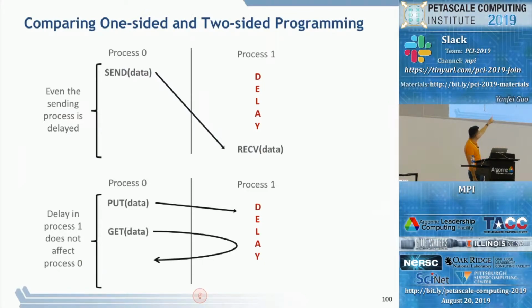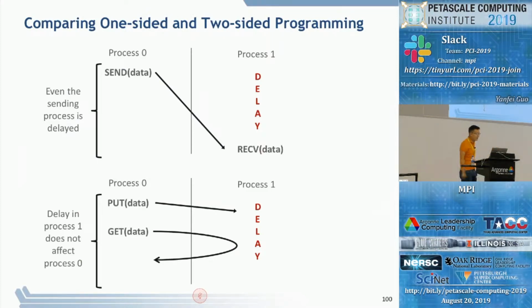But the receiver could be delayed by something, maybe computation, maybe waiting for another resource to be available. That delay could potentially delay the data exchange of this send and receive, and if this is a blocking send and receive, then your sender will also be blocked by the receiver side, because the receive hasn't been able to receive the message.